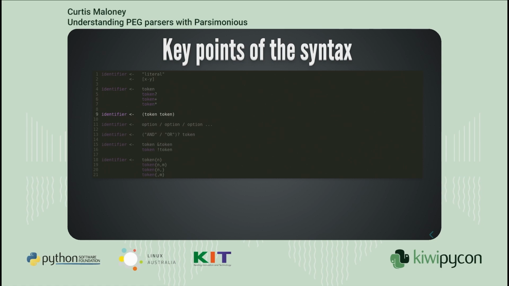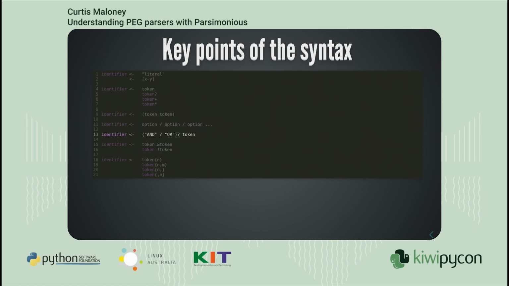You can have compound tokens to say that this next part of the sequence must be these two tokens together. Then you have choices where, as I said, first match wins. So you put your most specific first, and then maybe this, or maybe that, or maybe the other.